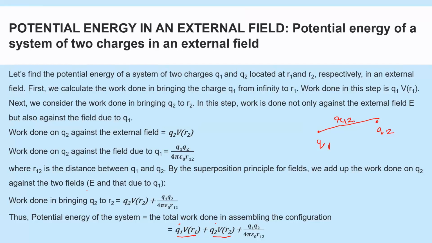The first term is also against the external field, and this term is the work done on Q2 in getting it from infinity to point R2 against the field that is there due to the presence of charge Q1. So this is going to be your potential energy of the system when we are considering two charge systems in an external field.